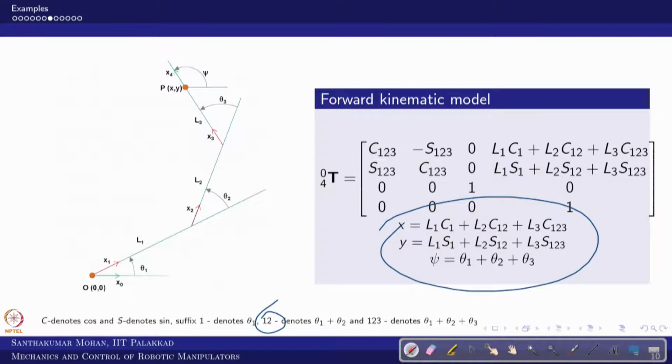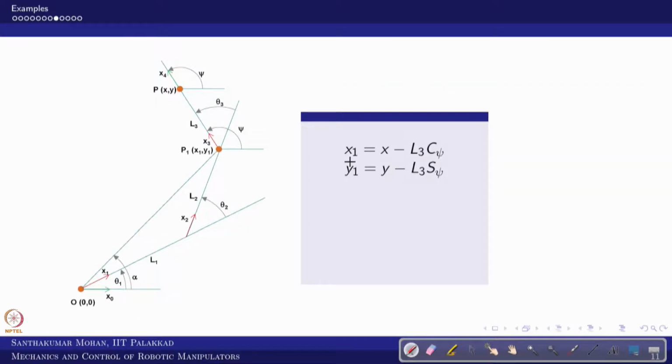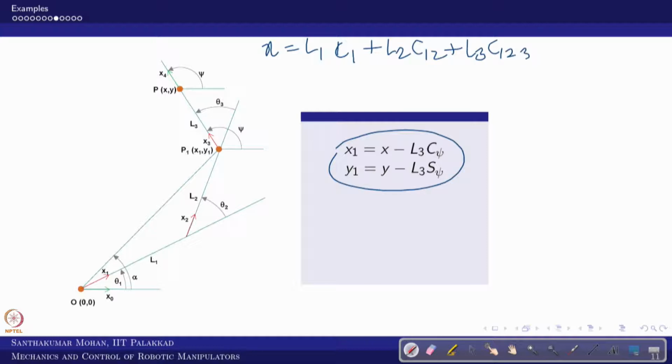So now you have this equation: x is L1 C1 plus L2 C1 2 plus L3 C1 2 3. And y is L1 S1 plus L2 S1 2 plus L3 S1 2 3, right?